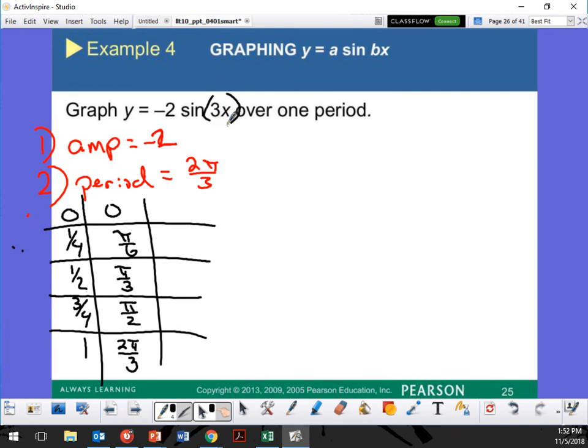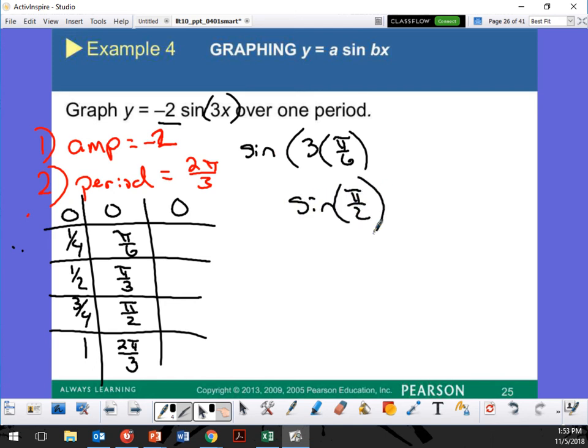3 times 0 is 0. What's the sine at 0? 0. Times negative 2, still 0. Next one, it's going to be 3 times pi over 6, which is 3 pi over 6, pi over 2. So it's sine of pi over 2. What is sine of pi over 2?